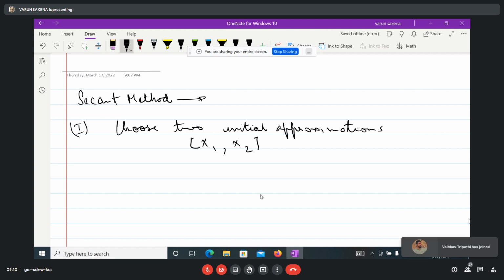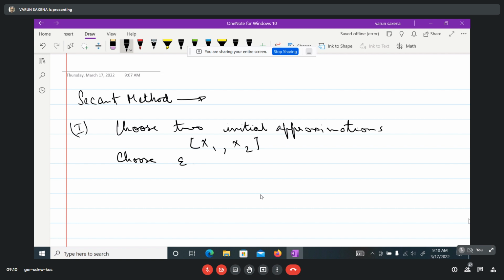Now in this case there is no need to check whether the root lies between this interval or not. You can just start with any interval. That is what it is.